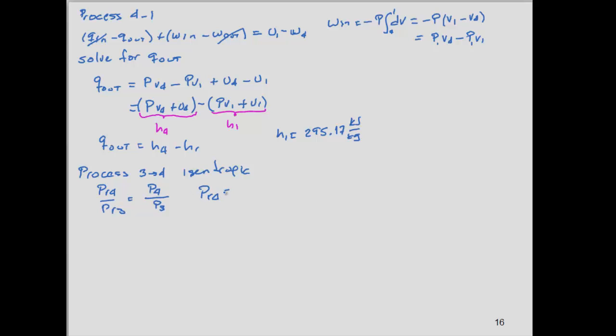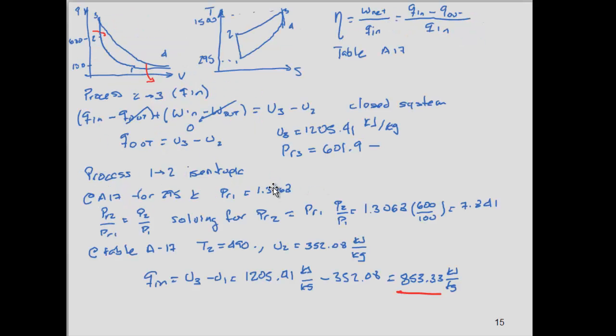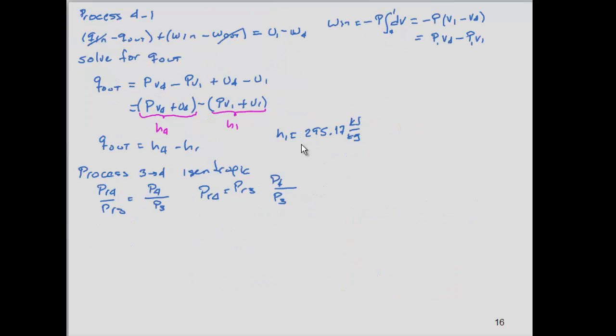Now PR4 is PR3 times P4 over P3, and PR3 we can get it, 601.9 times P4 is 100, 600 is P3, and this gives us 32.79.